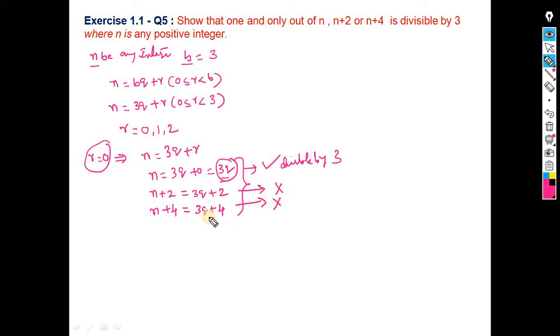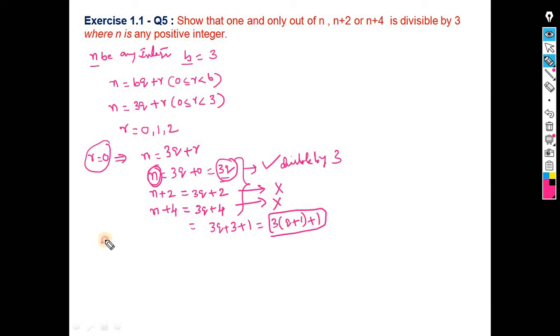Hope you understand. So, sir, can I write this one as 3q plus 3 plus 1? You can write, but still, if you look at 3 into q plus 1, plus 1, that means you cannot divide this number completely by 3. So, that is the reason when you take r value as 0, only one value gets divisible by 3, that is n.